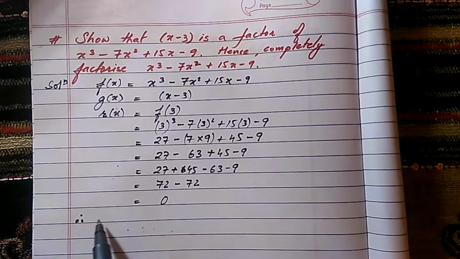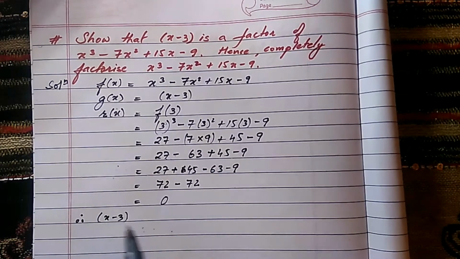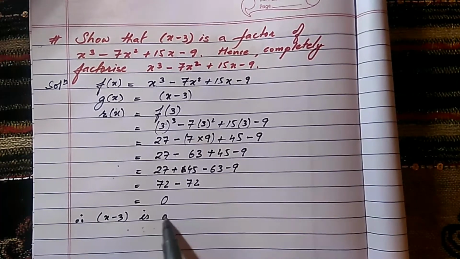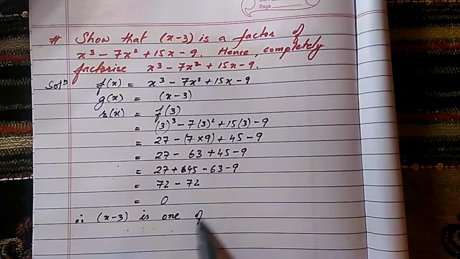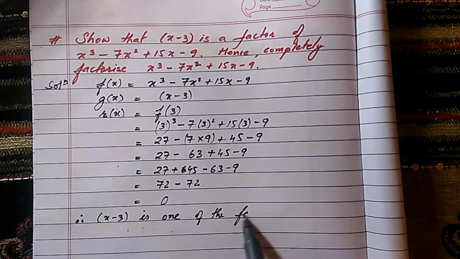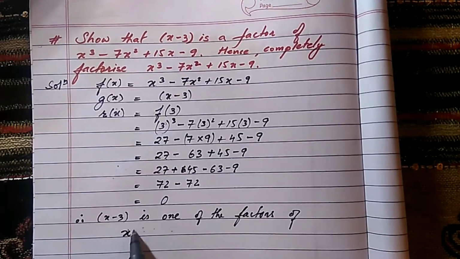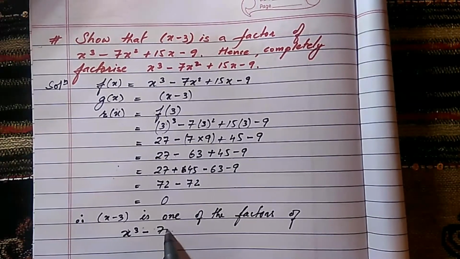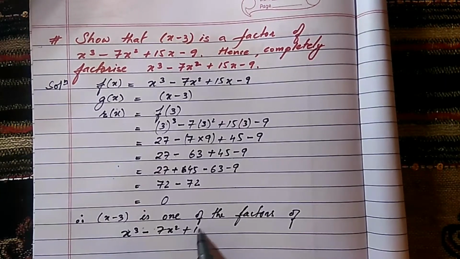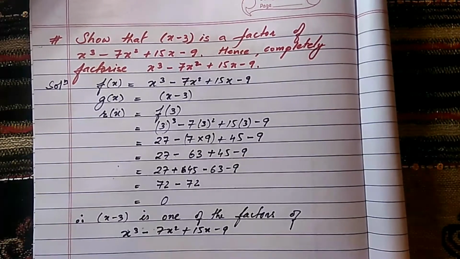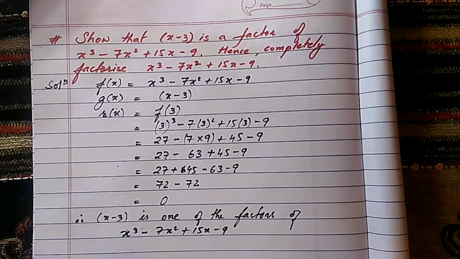We write, therefore x minus 3 is one of the factors of x cubed minus 7x squared plus 15x minus 9. This is something we already know.